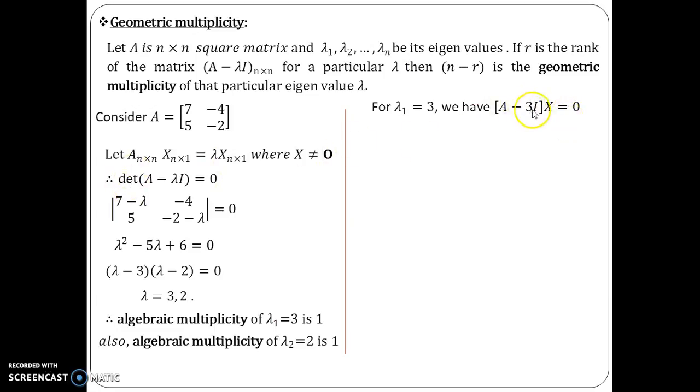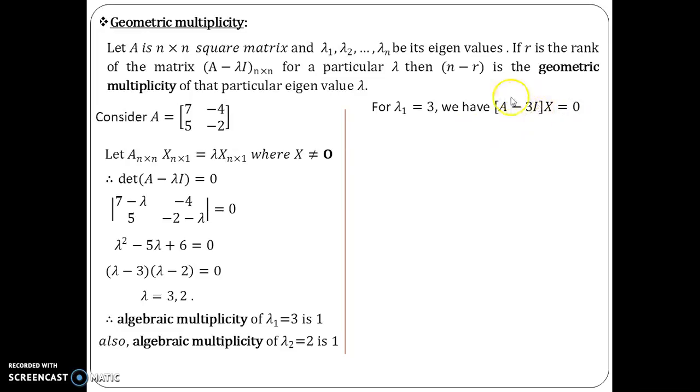You substitute this 3 in this equation, and when you write this Ax equals 3x, take 3x onto the left hand side and take x common from the right hand side, because it's a matrix operation, you have to remember to take it from left hand and right hand side, everything has to be properly written. Okay, now we have A minus 3I x equals 0.